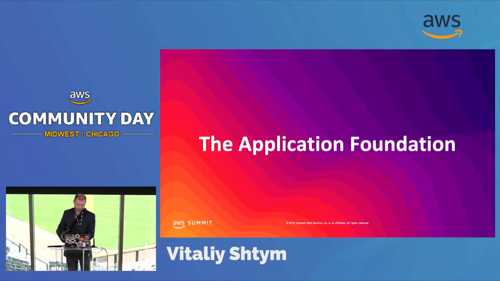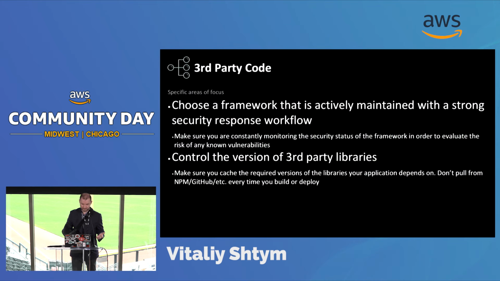Third-party code. The third-party libraries can introduce vulnerabilities and can introduce risk to your development. But if you're trying to build something on your own, make sure that there's not a better way to do it already. Don't reinvent the wheel.